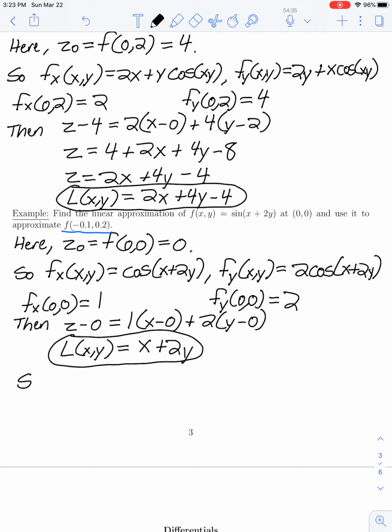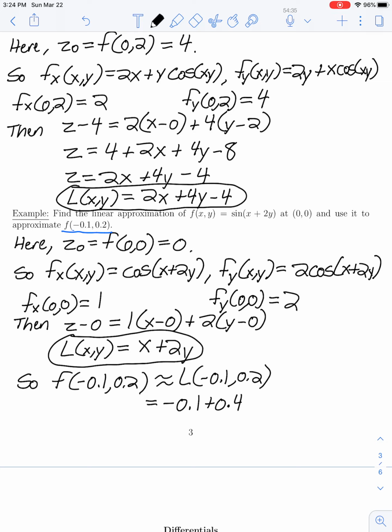So if we wanted to use our linearization to approximate this function at the indicated point, we could simply plug this point, negative 0.1, 0.2, into our linearization, and we get x plus 2y, which in this case is negative 0.1, plus 2 times 0.2, or 0.4, and we're left with 0.3.